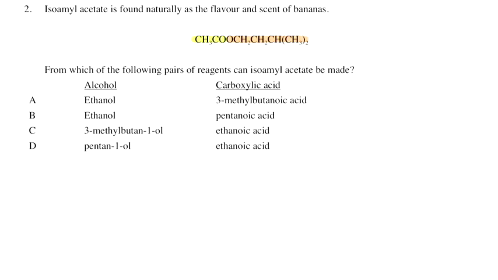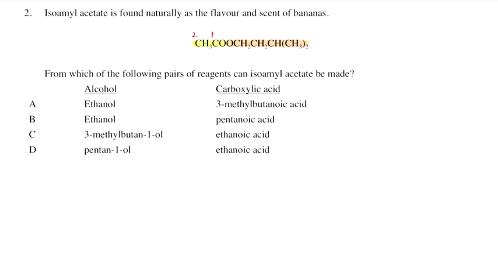So let's try to name the two original molecules. For the carboxylic acid, since it has 2 carbons, we should name it as ethanoic acid. So we should choose from C and D. Now let's check, how should we name the alcohol part? For the alcohol part, remember the alcohol should be placed at position 1. So now let's label the carbons: 1, 2, 3.